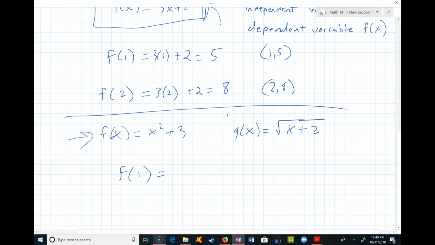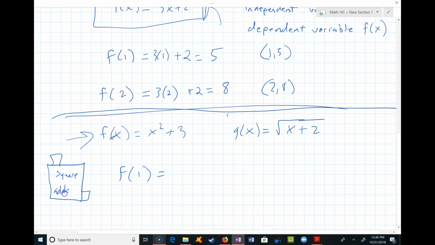So in this new context, f is a different function now. This is a machine that when you drop a number into it, it squares it first and then adds 3. So if I plug a 1 in there, 1 squared is 1, 1 plus 3 is 4.